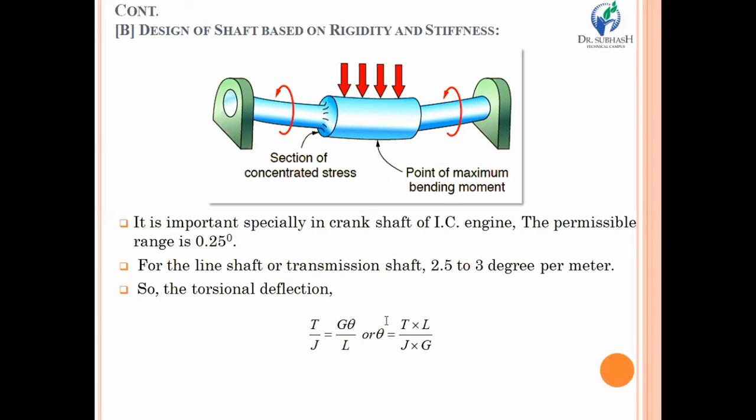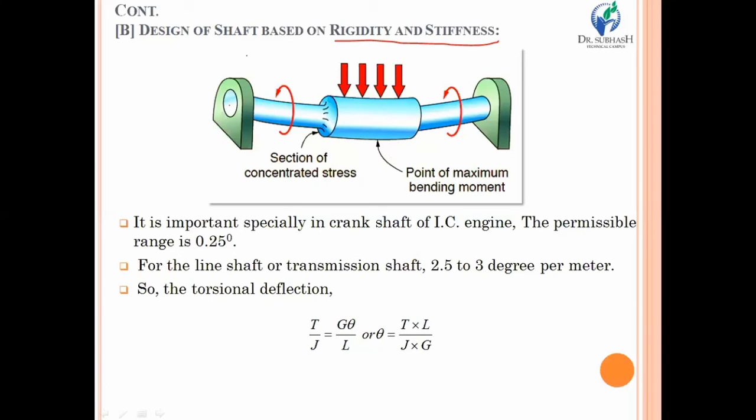Suppose you are using a shaft as a design engineer, you should have a sufficient idea that your designed shaft should not deflect anywhere. So if you are considering that criteria and designing the shaft, it becomes the design of shaft based on rigidity and stiffness. Rigidity means the capacity or material property against deflection due to external force.